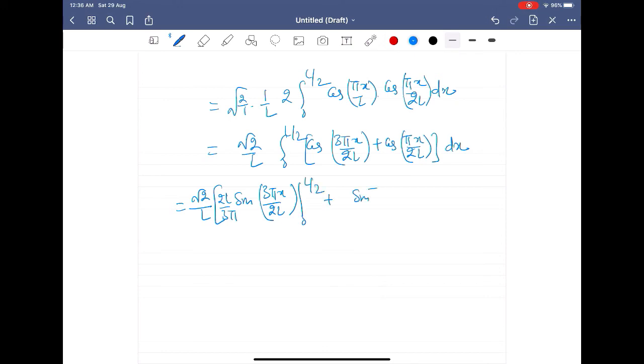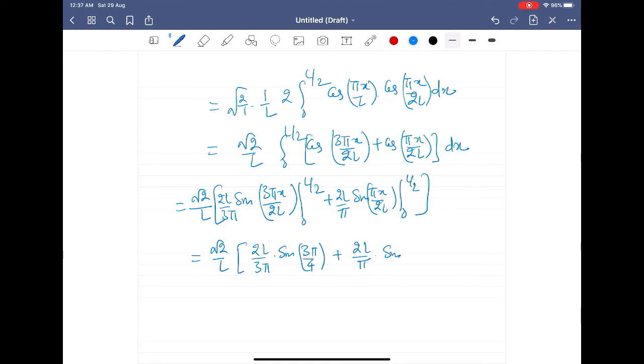The second term gives me sine of pi x by 2L into 2L by pi with the limit 0 to L by 2. If I put the upper limit, this becomes 2L by 3 pi sine 3 pi by 4, and the lower limit will make it 0. Similarly, the second term with the upper limit gives sine pi by 4, and the lower limit will make it 0 again.